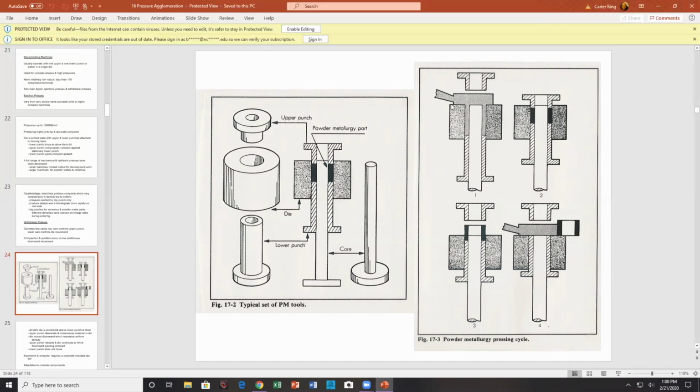Here's the sequence. You have the fill, then the punches hit. The lower punch continues to push out and withdraw, the other one comes in at the top, this is pushed off to the side, and there's the next filling operation to undergo.